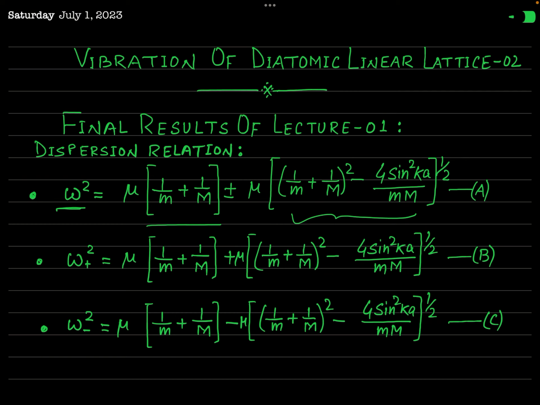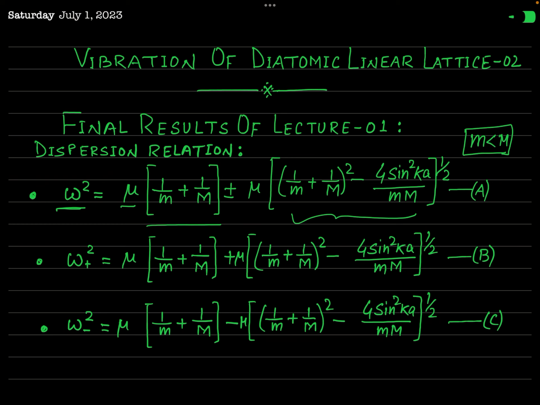Here this mu is the force constant, and small m we have assumed is the mass of the even numbered atoms of the diatomic lattice, and capital M we have assumed is the mass of the odd numbered atoms. In our calculation we have assumed that this small m is smaller than this capital M. You can take the opposite assumption too when you consult a textbook.